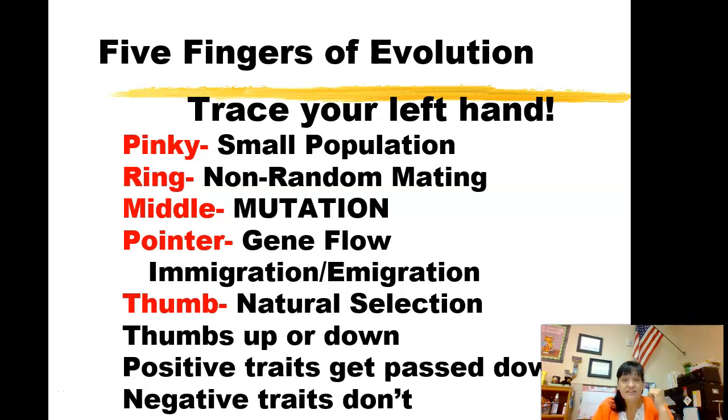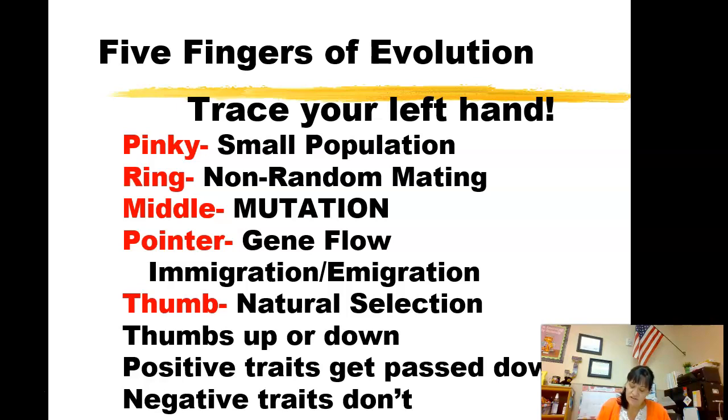And then the last one, if you remember, is the one that leads to natural selection, and that's the thumb, adaptations. I'm also going to write natural selection on this.